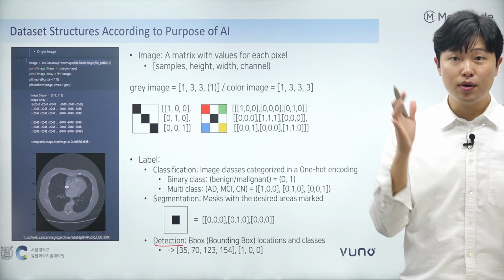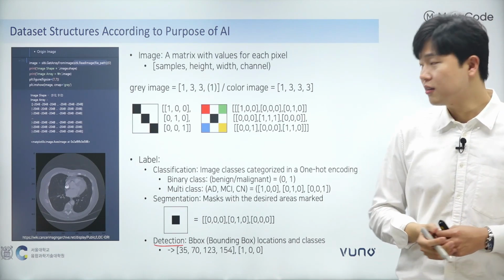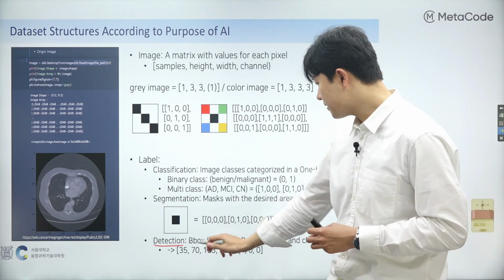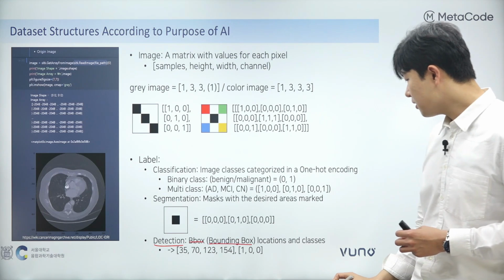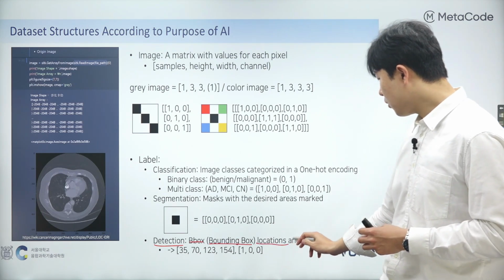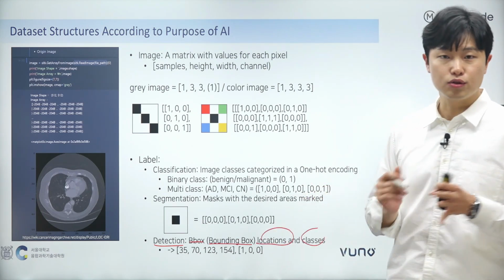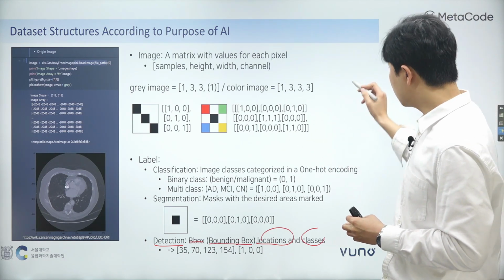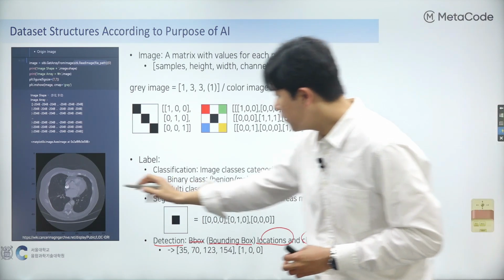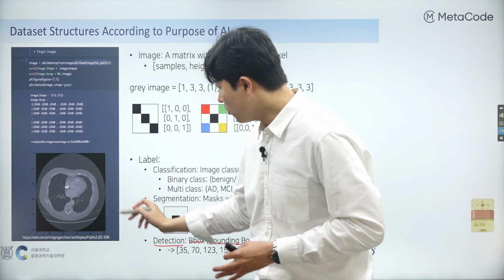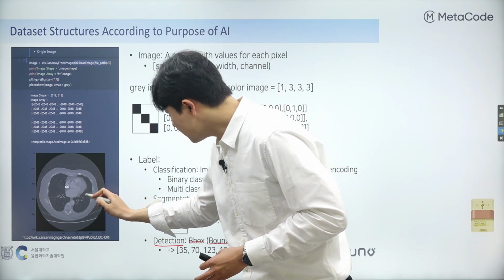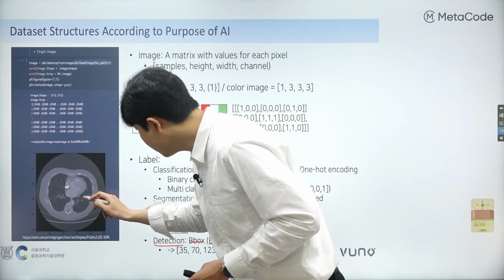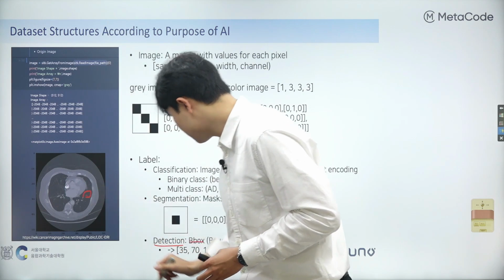Moving on to detection, it provides us with the location in terms of coordinates. Detection labels include a bounding box or B box, which specifies the location and the classes involved. The dimensions of the B box depend on the dimensions of the image or a video. Revisiting the CT scan example, in this image, let this area be the specific area we aim to detect.